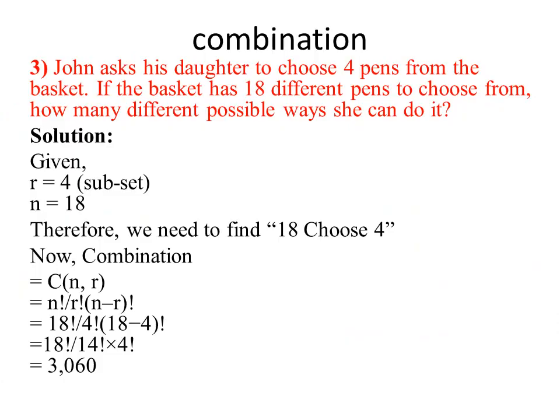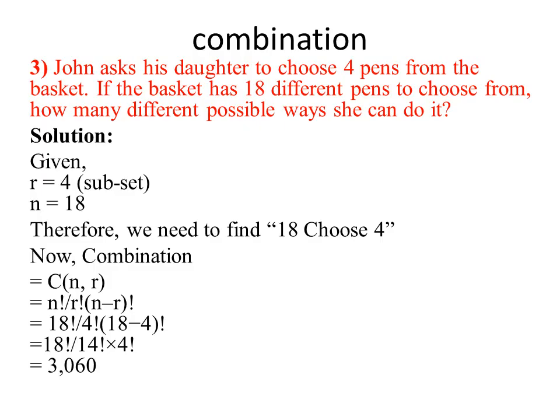John asks his daughter to choose 4 pens from the basket. If the basket has 18 different pens to choose from, how many different possible ways can she do it? Given r is equal to 4, that is the subset, n is equal to 18. Therefore, we need to find 18 choose 4.